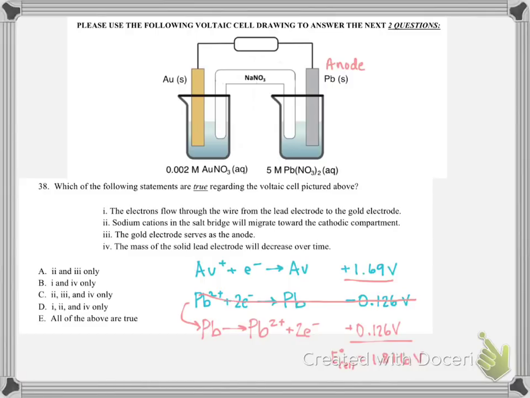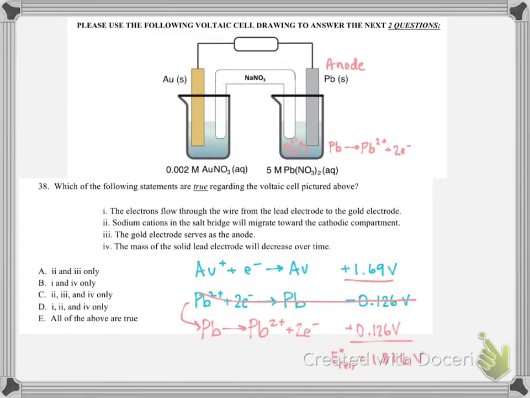And the reaction that will occur is the lead from the electrode becoming lead ions and spitting out 2 electrons. So we'll end up forming more lead ions. That's hard to read, I'm sorry. And we'll spit out electrons.